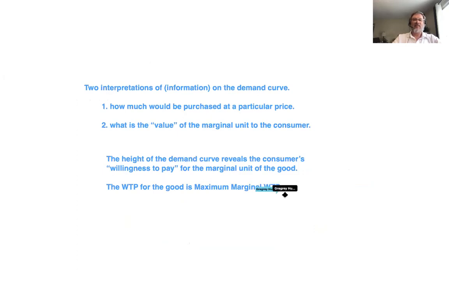So now, this may seem a little abstract, at least what I'm going to talk about next. Using the willingness to pay to measure consumer welfare and society's welfare.